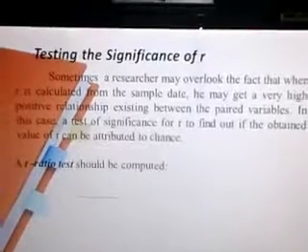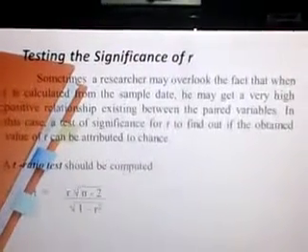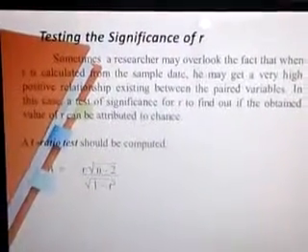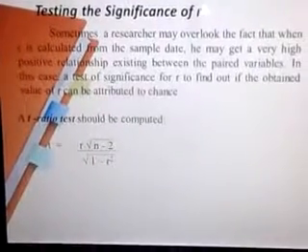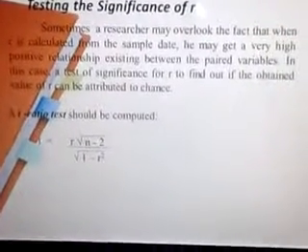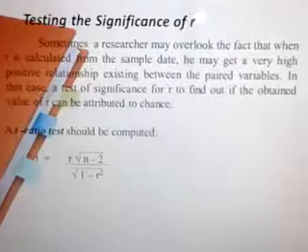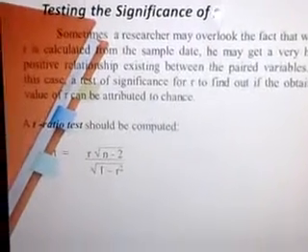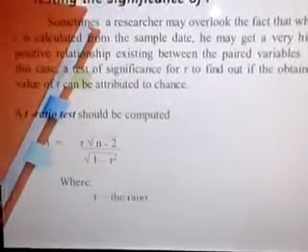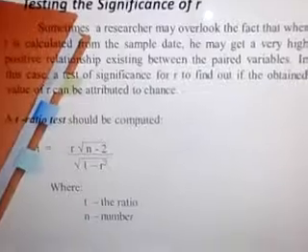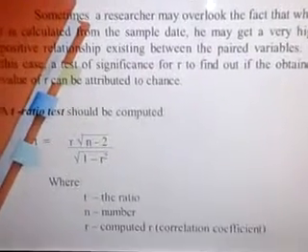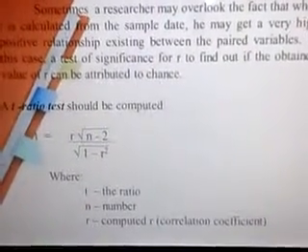A t ratio test should be computed. So t is equivalent to R multiplied by the square root of n minus 2 over the square root of 1 minus R squared, where t is the ratio, n is the number, and R is the computed correlation coefficient.